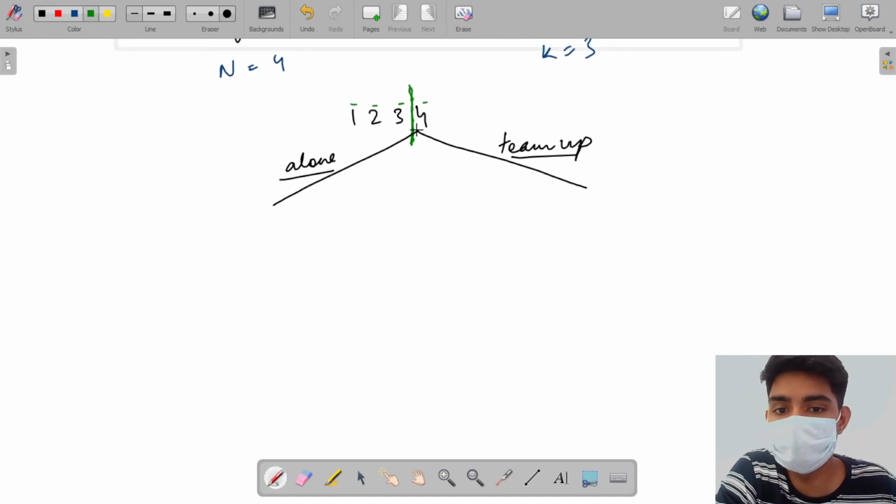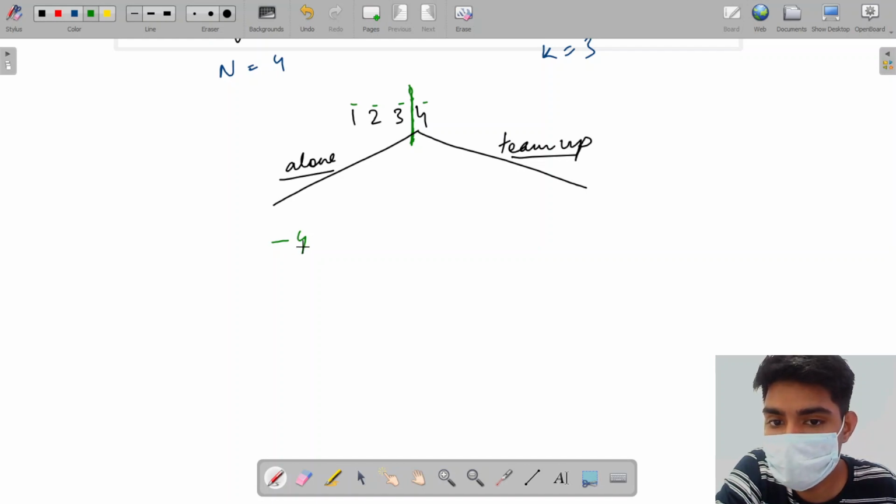We have 1, 2, 3, 4. Now if 4 is going alone, what do we mean by that? It means 4 itself is going to be a subset, one of the teams itself. Then I have 1, 2, 3 to work with.